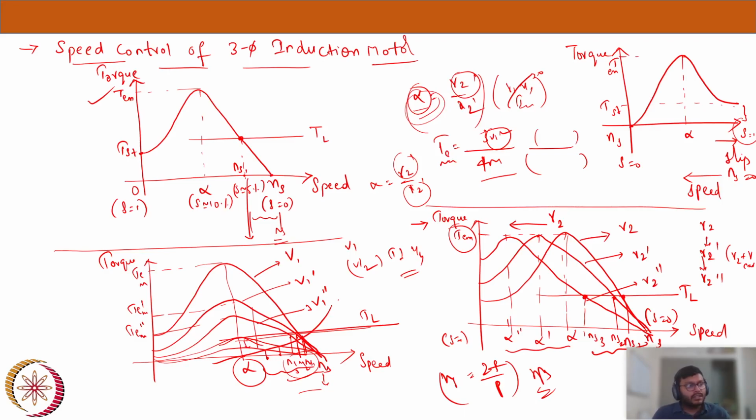Now, with a fixed frequency in an induction machine, our Ns is fixed. Once the Ns is fixed, my rotor speed is also fixed based on the slip at which it is rotating, and Nr is equal to Ns into (1 minus s). I fixed the Ns, so now my rotor speed is also fixed, and it will be very close to synchronous speed. We have seen it in this case.